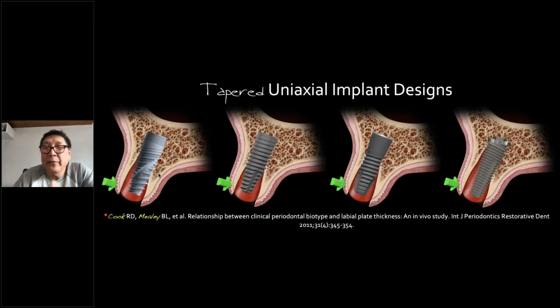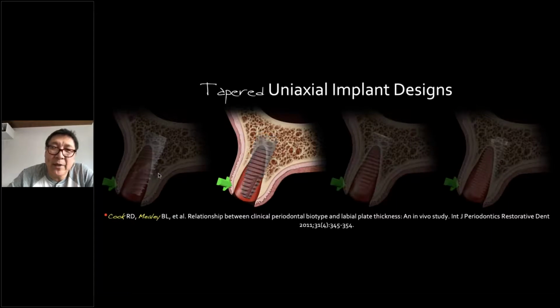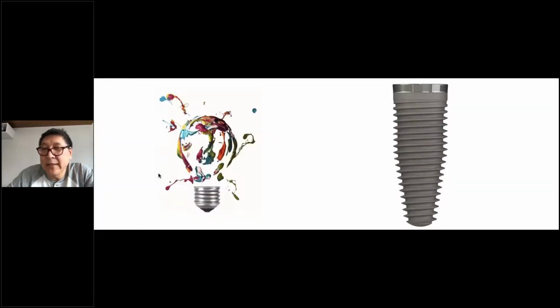The reality is in the extraction socket, you're not using the whole implant anyhow. So why make the coronal part wider and have it a liability long-term? I just don't understand that. So hence the concept of the reverse tapered or inverted body shift concept implant, where you're changing the design of the implant in a singular body form to maximize what you need.